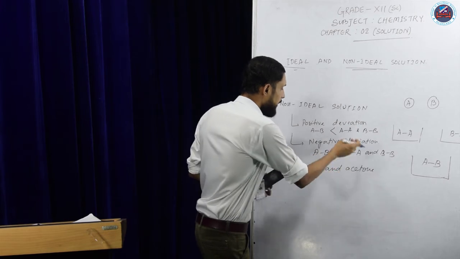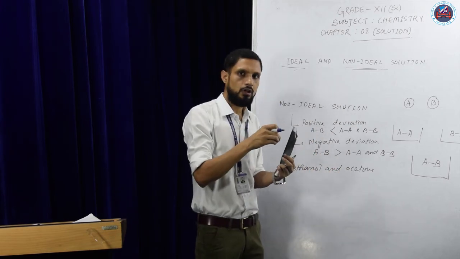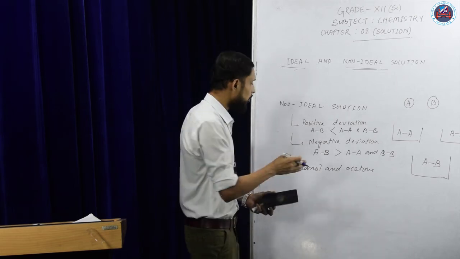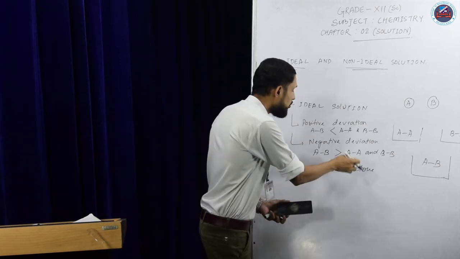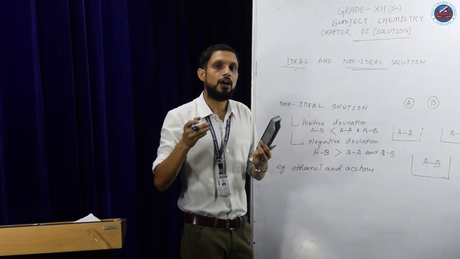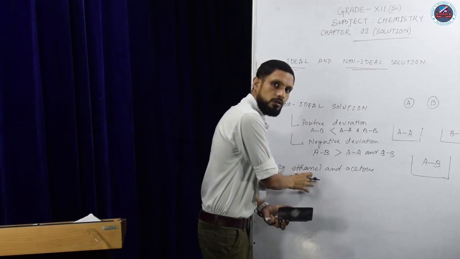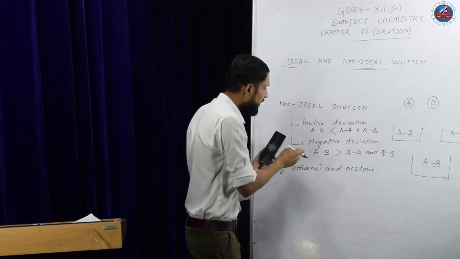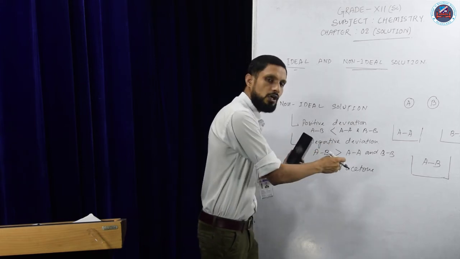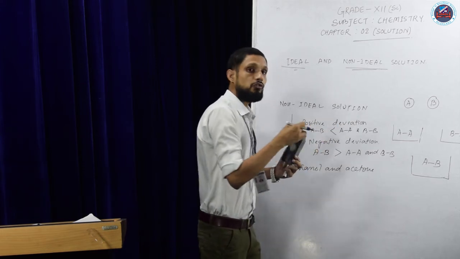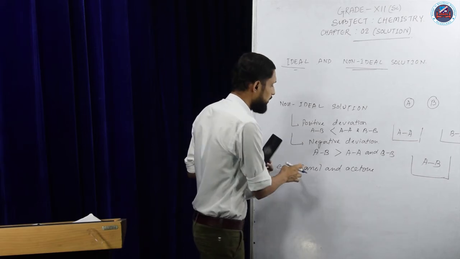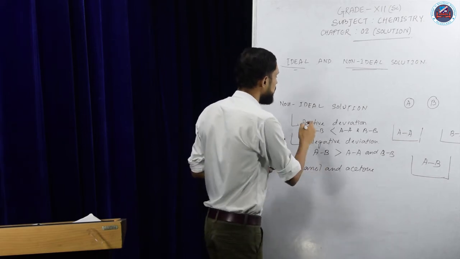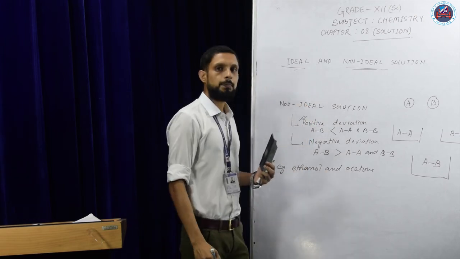So when we add acetone to ethanol, the acetone will break the intermolecular hydrogen bonding between the ethanol molecules, which will result in AB interaction. That is, the interaction between ethanol and acetone will be weaker than the interaction which is already there in ethanol, that is intermolecular hydrogen bond. That's the reason the solution will show positive deviation.